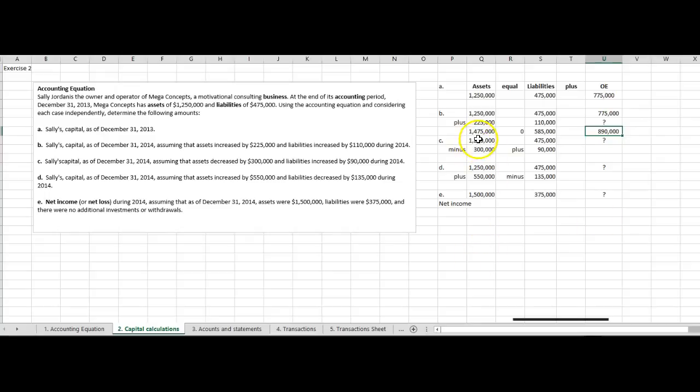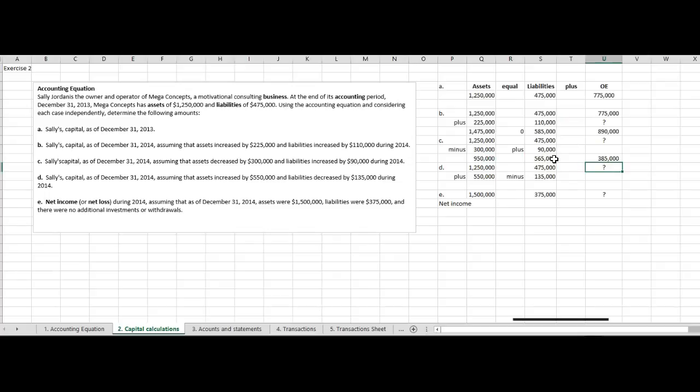So the next one, now they're subtracting. So let's take this and subtract that $300,000. Now, this one, they're adding. See, we're adding that $90,000. So we'll add that to the equation. And again, you're going to come up with assets minus liabilities are going to equal owner's equity.